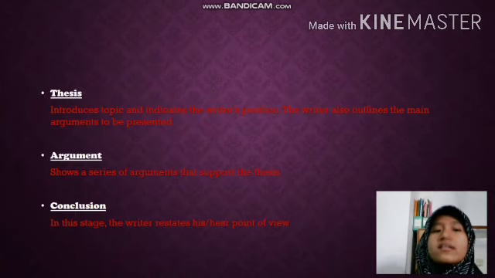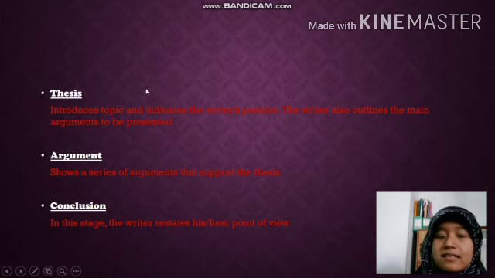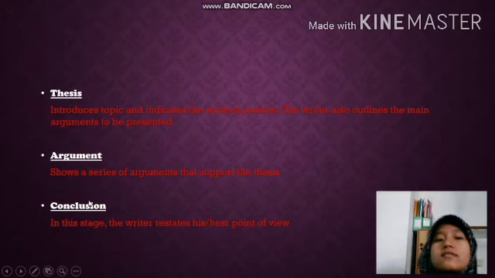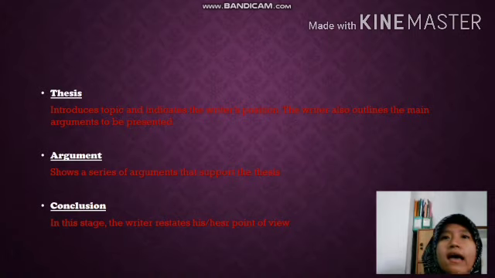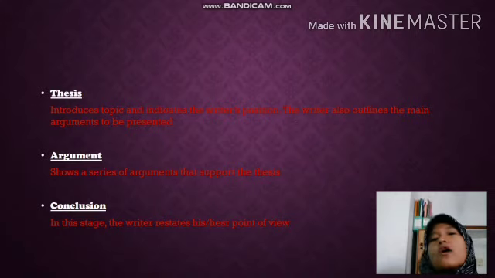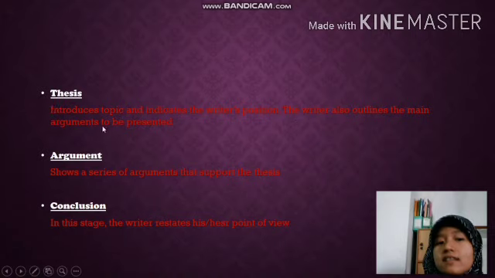Nah, what is the generic structure? The first one is thesis, the second one arguments, the third one conclusions. Actually, there are two types of exposition. The first one is analytical exposition, the second one is hortatory. The difference is in the generic structure.